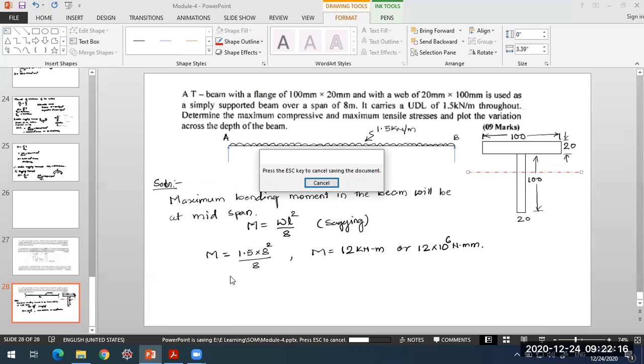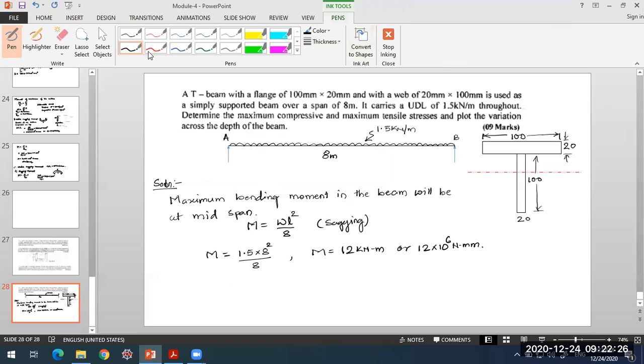So we have two areas in our section, the flange and the web. Both are rectangular in cross section. Let us say the distance is y bar from the top of the flange.